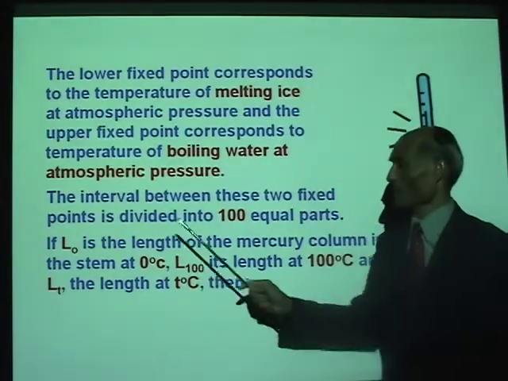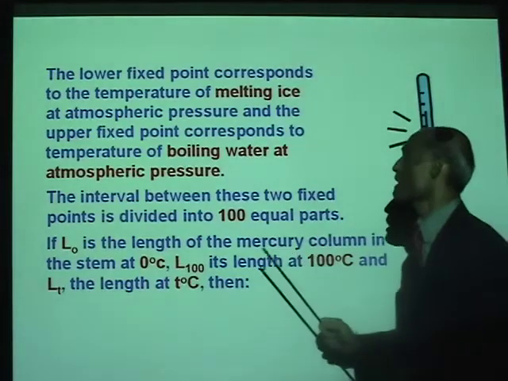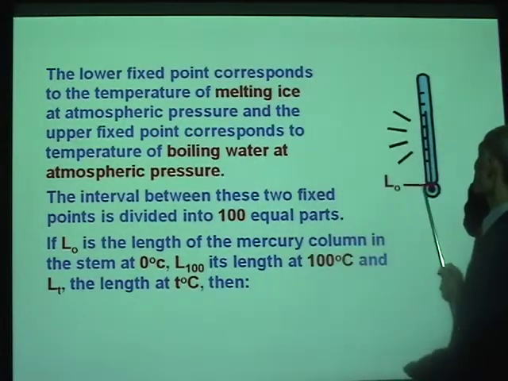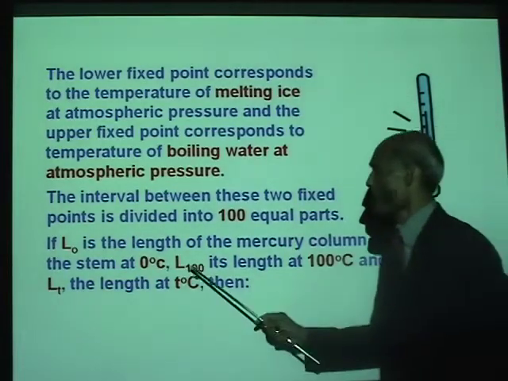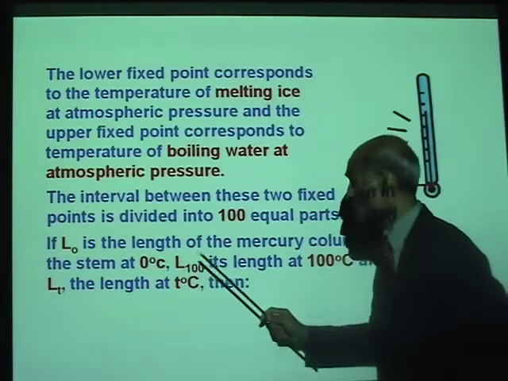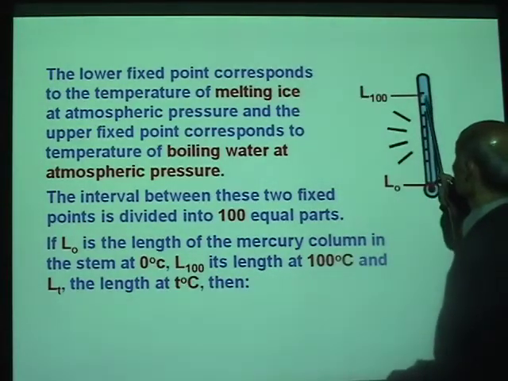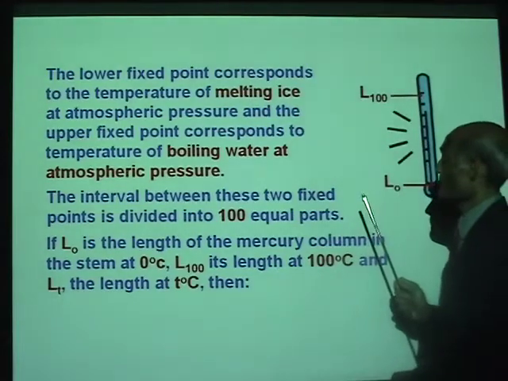Now watch this carefully. If L0 is the length of the mercury column at 0 degrees Celsius, so this is L0, the length at 0 degrees Celsius, and L100 is its length at 100 degrees Celsius. L100 is this length at 100 degrees Celsius.